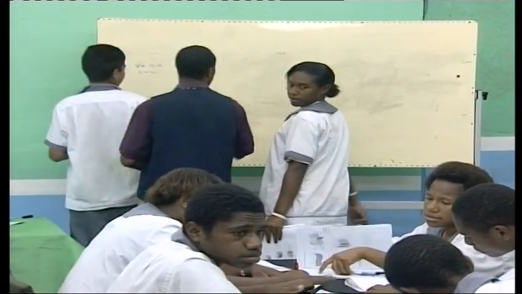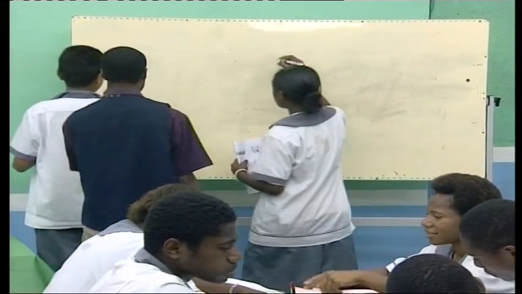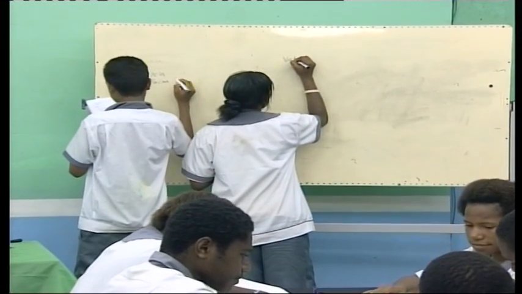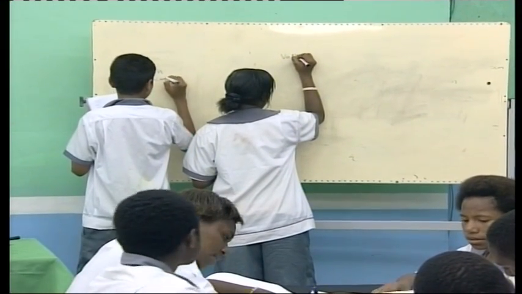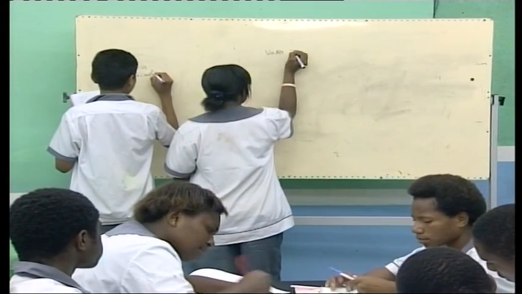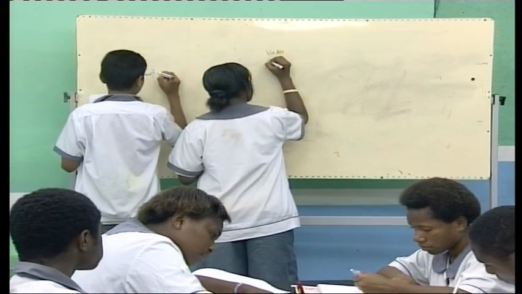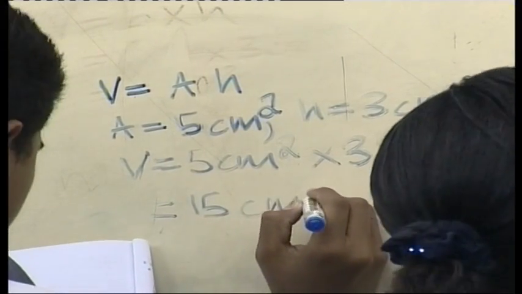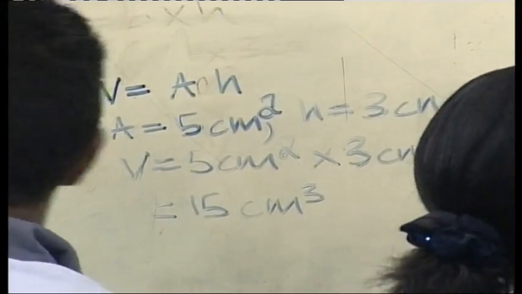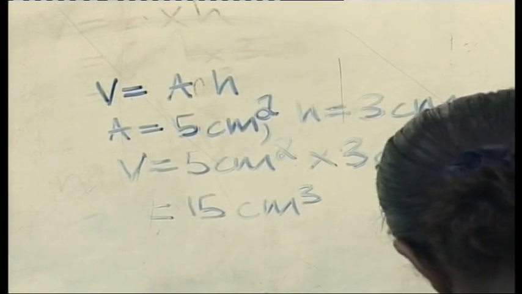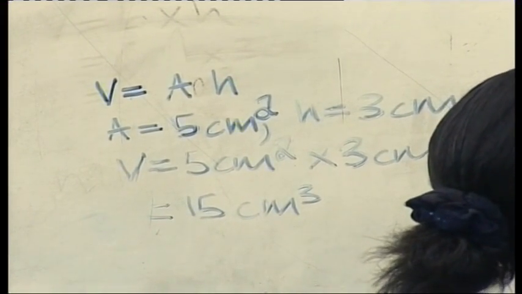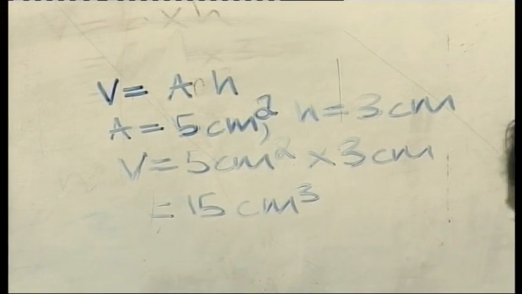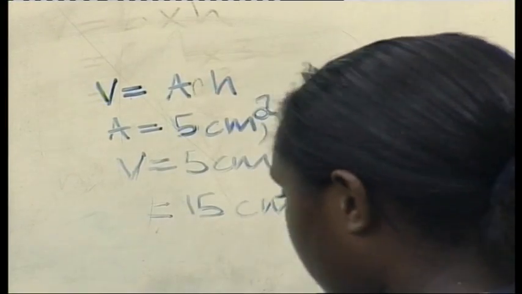There's no marker, just write it. Write it big, big, big. Not area of the large rectangle, you just write area times the height.